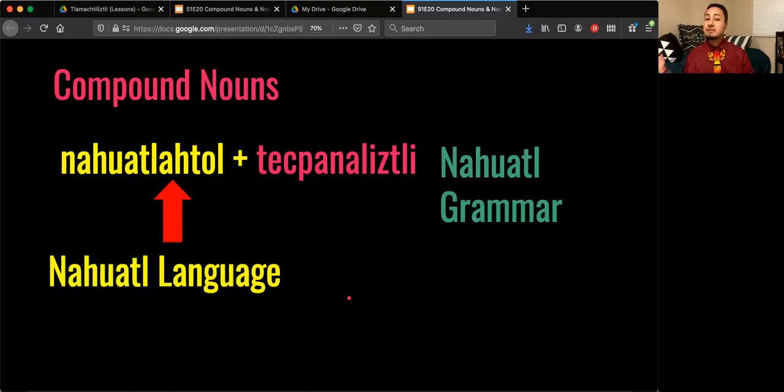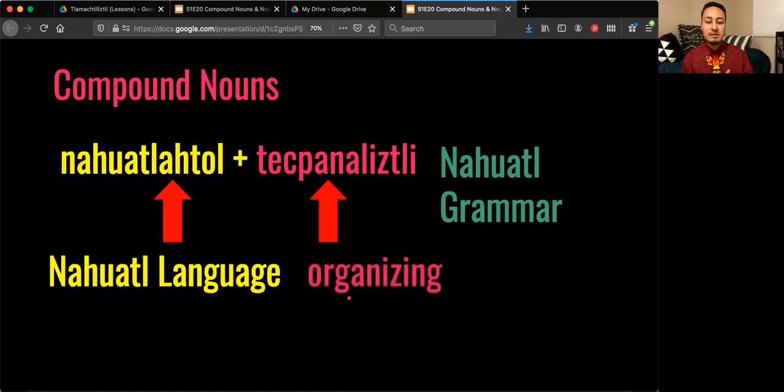If you combine these three words together as Nahuatl Tecpanalistli, it literally means Nahuatl grammar. In English, we tend to separate them as separate words, but Nahuatl likes to combine nouns in this way to make them into bigger words, which is why this word is really long, but it's really just three words stuck together. So Nahuatl Tecpanalistli: Nahuatl language organizing, aka Nahuatl grammar.